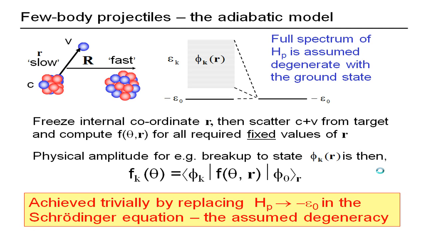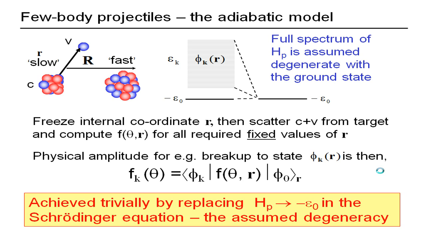Now, in the same way as in the previous transparency, where we effectively chose the moment of inertia to be infinite, what we're doing here, if we assume this to be frozen, is that we're assuming that the relative energies associated with this degree of freedom, little r, are all sufficiently small that I'm not going to distinguish these different final states, and we're going to make them all degenerate with the ground state.